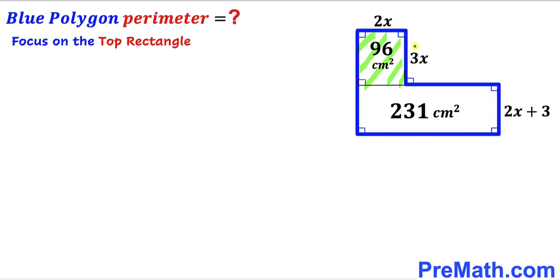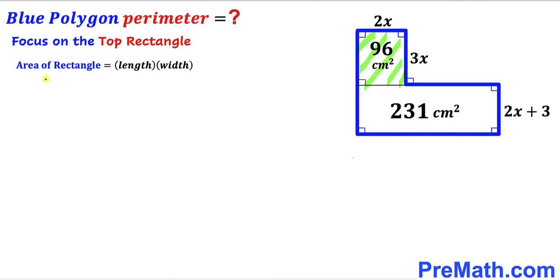Now let's focus on the top rectangle. Let's recall the area of a rectangle formula. Area is always equal to length times width of the rectangle. In our case, the dimensions of this top rectangle are 2x and 3x, and the area has been given to us as 96.